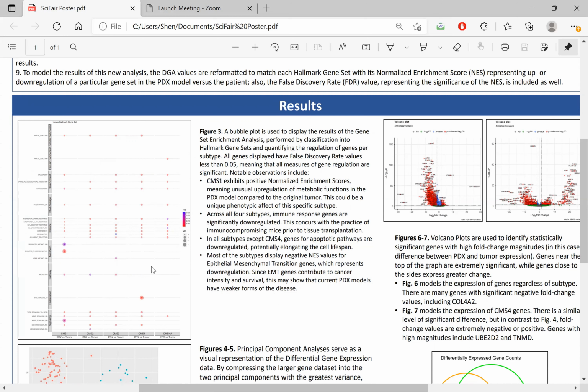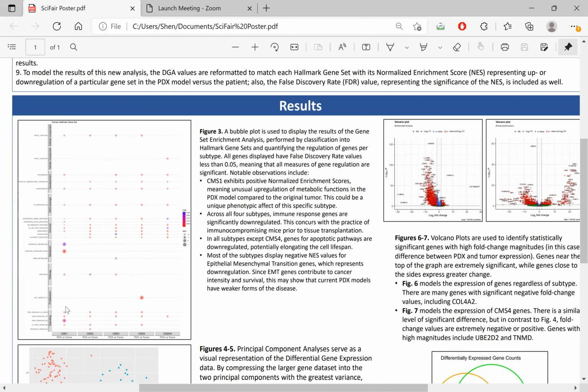And this shows the FDR is the significance. So all of the points on this table are significant because their FDR value is lower than 0.05. And the NES, or normalized enrichment score, shows the difference in expression between the PDX and the tumor models.